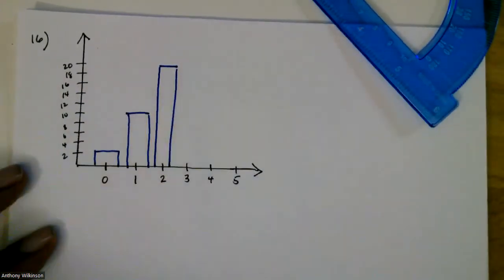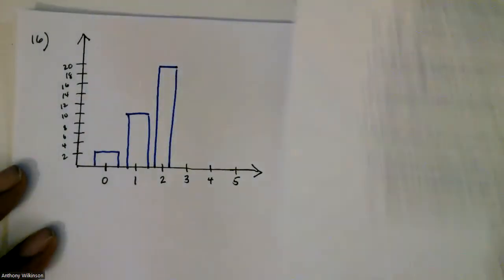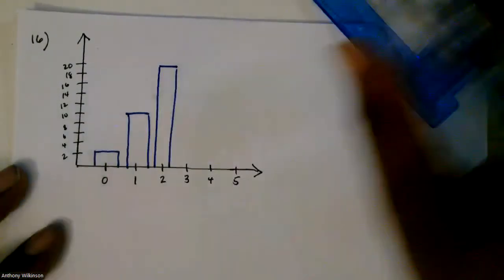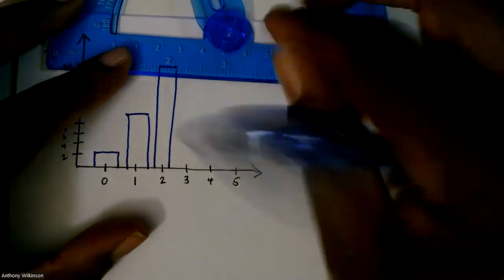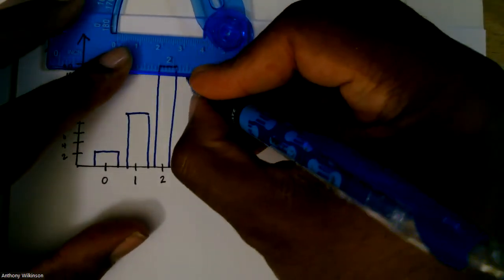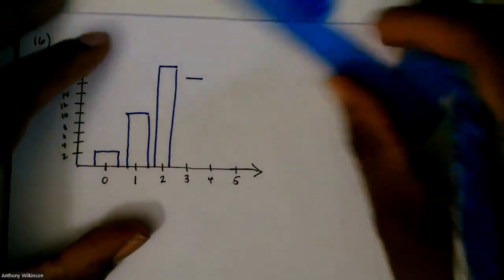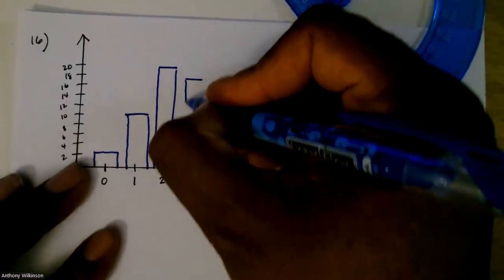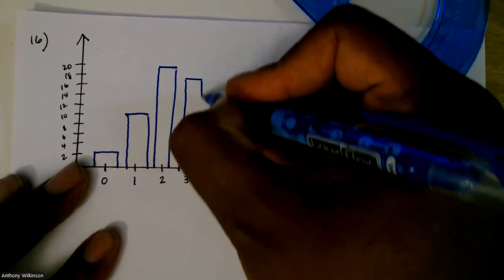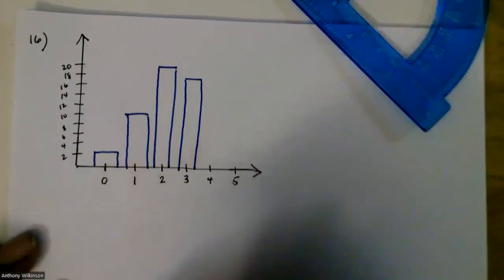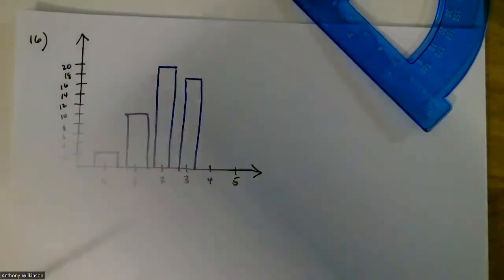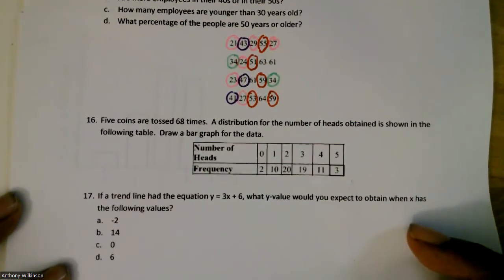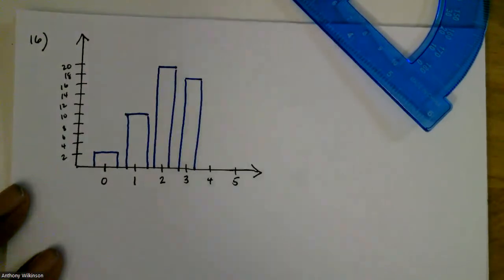And then for 3, 3 was 19. That's halfway between 18 and 20. So I'm going to put it about right here. Draw the line there. And then for 4, it's 11, which is halfway between 10 and 12.